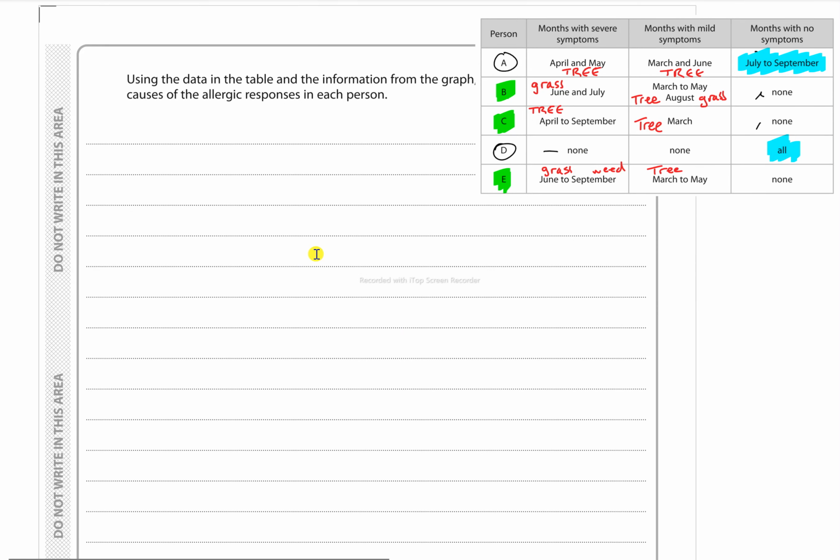So now we need to link. Right, so we can say July to September. Yeah, we can say person D has no pollen allergy. Yeah, that's the first one.